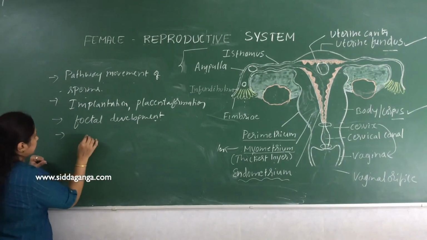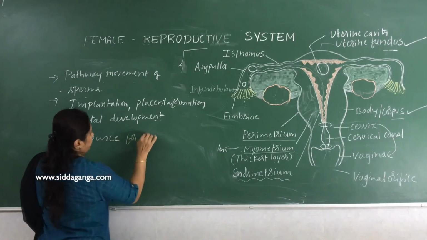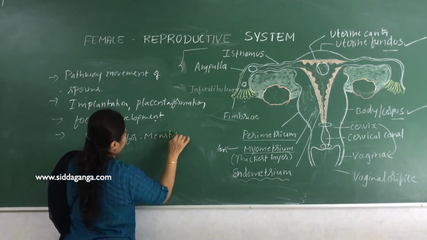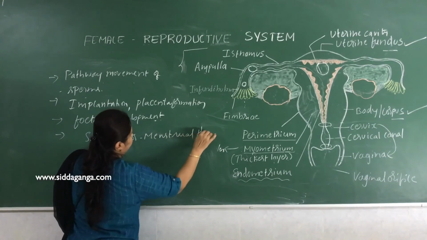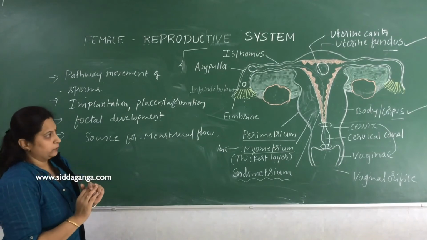And it is a source for menstrual flow. So all these are the functions of uterus.